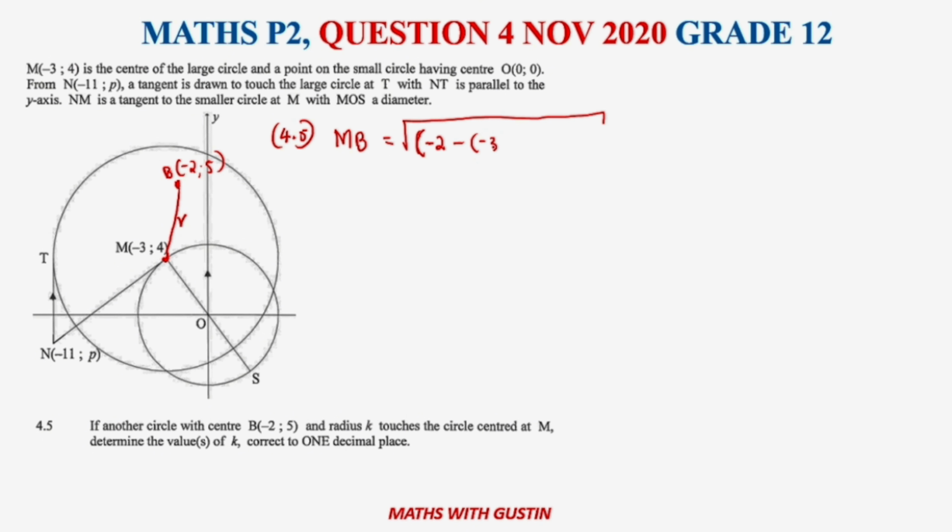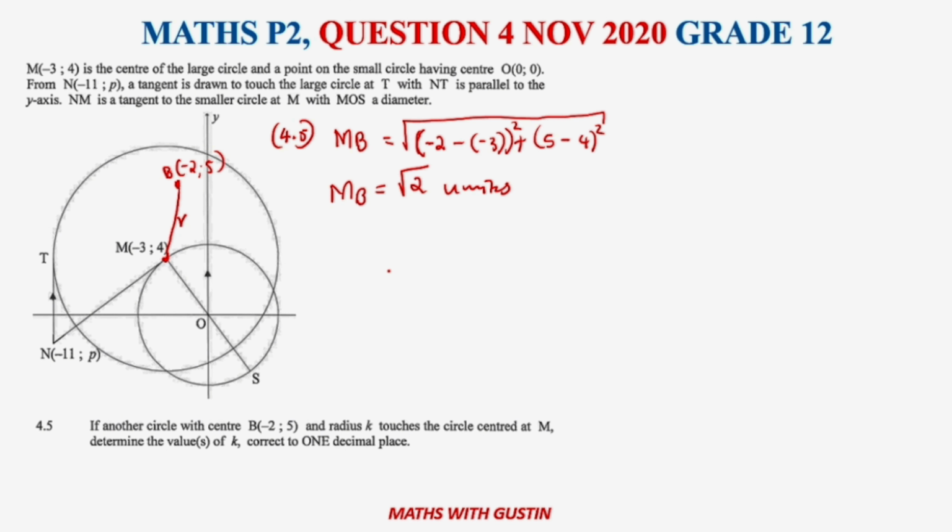Minus into minus 3, it's already in our head, we should know it by now. And then 5 minus 4, all squared. If we simplify this further, we punch it directly into our calculator because we don't want to waste time in an exam. It's going to give us 2 units.